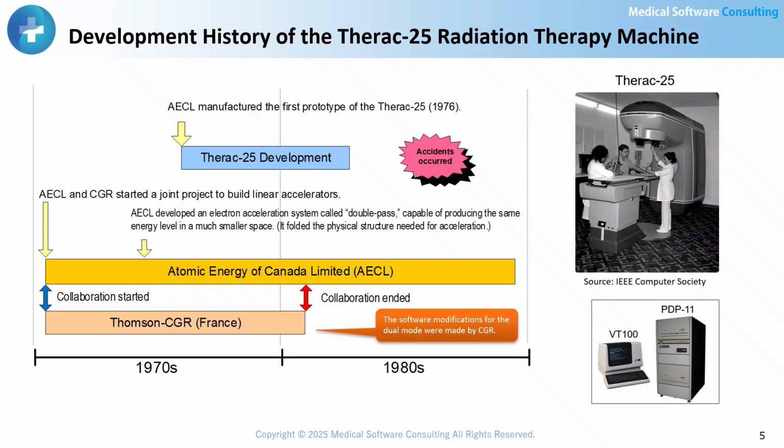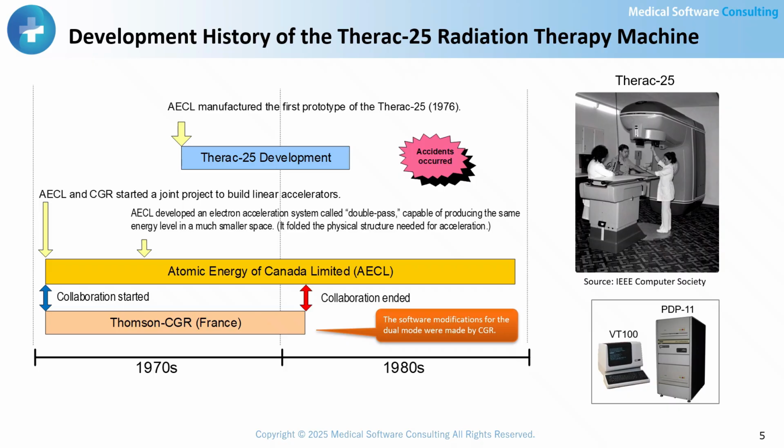Following the success of the Therac 6, the more advanced Therac 20 was developed, capable of producing both X-rays and electron beams. In this system, the computer began to play an important role in machine operation. However, the safety mechanisms built into the Therac 20 were not controlled by software.